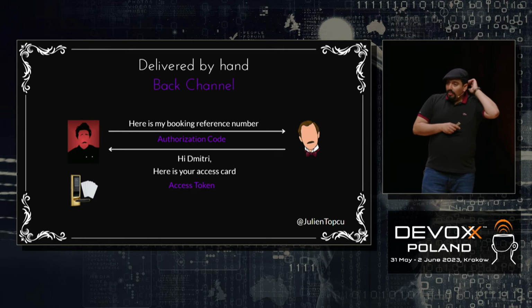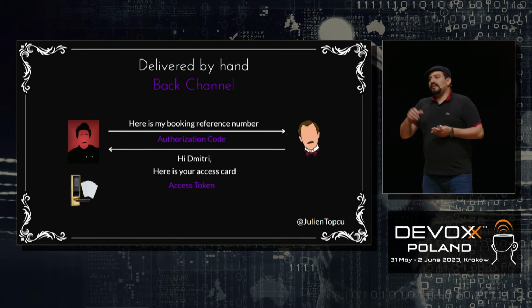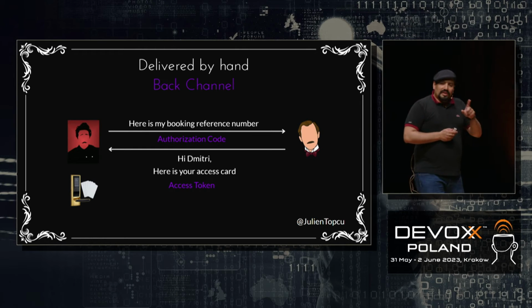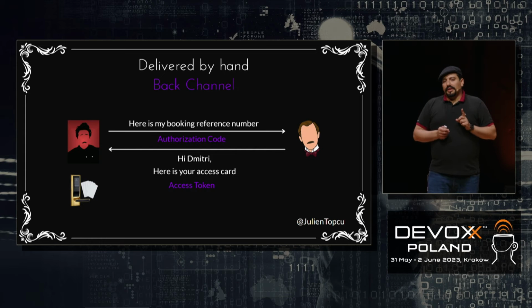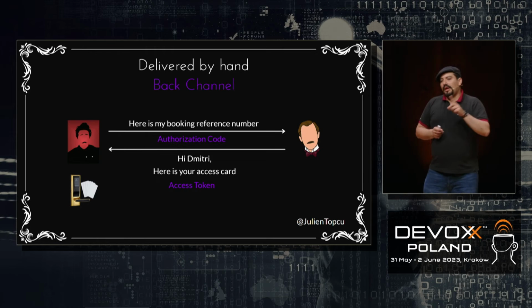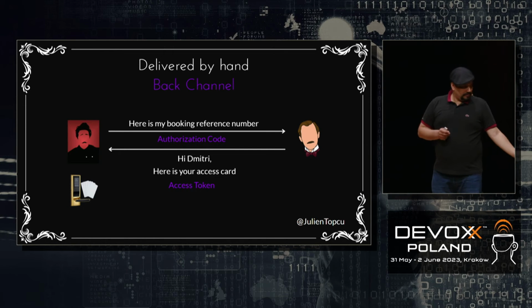So the access token will have its own lifespan. So let's say here it will last until the end of the reservation. In real life, it's something between 15 minutes and 1 hour. The authorization code also has its own lifespan, right? And if one of them expires, you will have to do the whole process all over again by authenticating the user and so on.